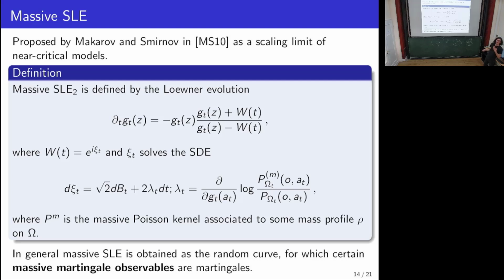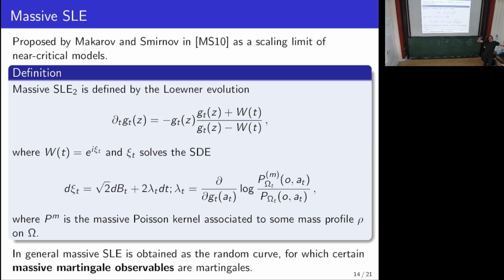So I'll go into this. I think I have like 7-8 minutes. I think I will not skip the slides about this, so I don't need to say it now. So, yes, it's a thing. It was proposed by Makarov and Smirnov to be a scaling limit of a number of models that work like the thing we saw here.